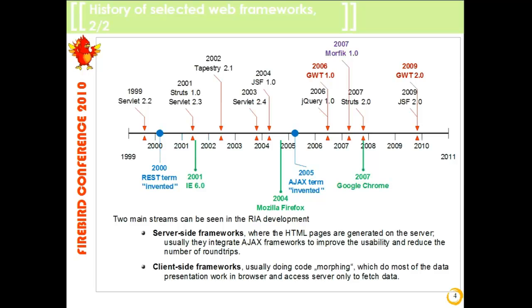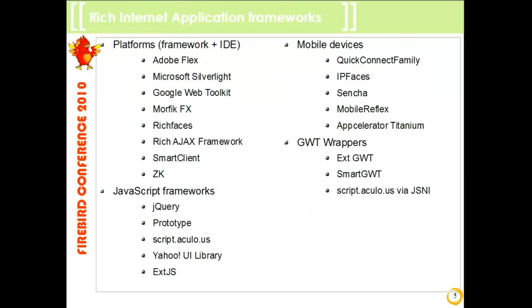This code morphing technology is basically also the same idea that is part of the Google Web Toolkit. What you have there is a compiler that cross-compiles Java code into JavaScript code. And that can be seamlessly embedded together with the HTML and executed, part on the server side and part on the browser.